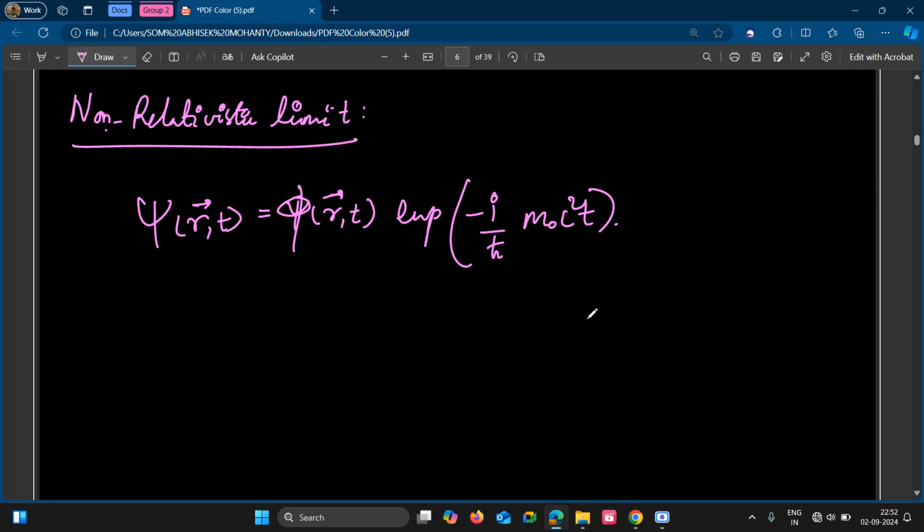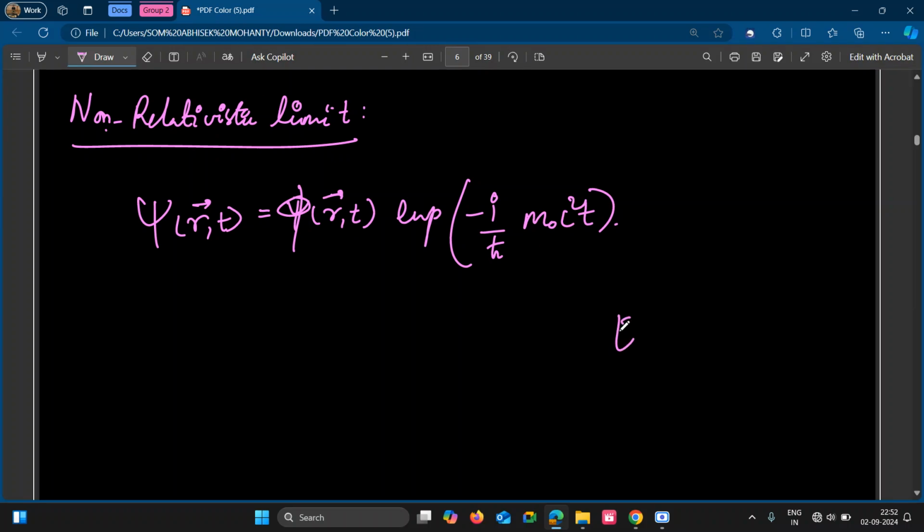So we split the time dependence of psi into two terms, one containing the rest mass. In the non-relativistic limit, the difference between the total energy E of the particle and the rest mass energy m naught c square is very small.